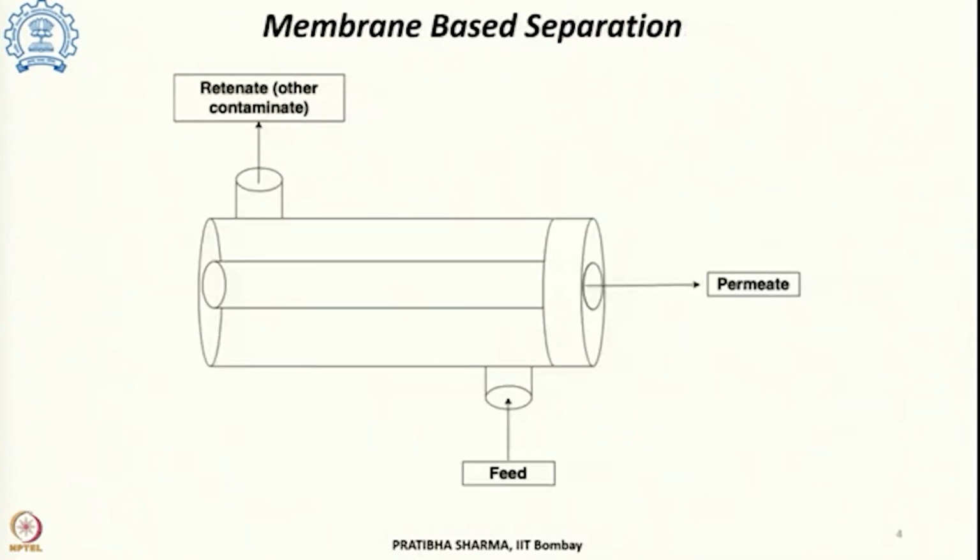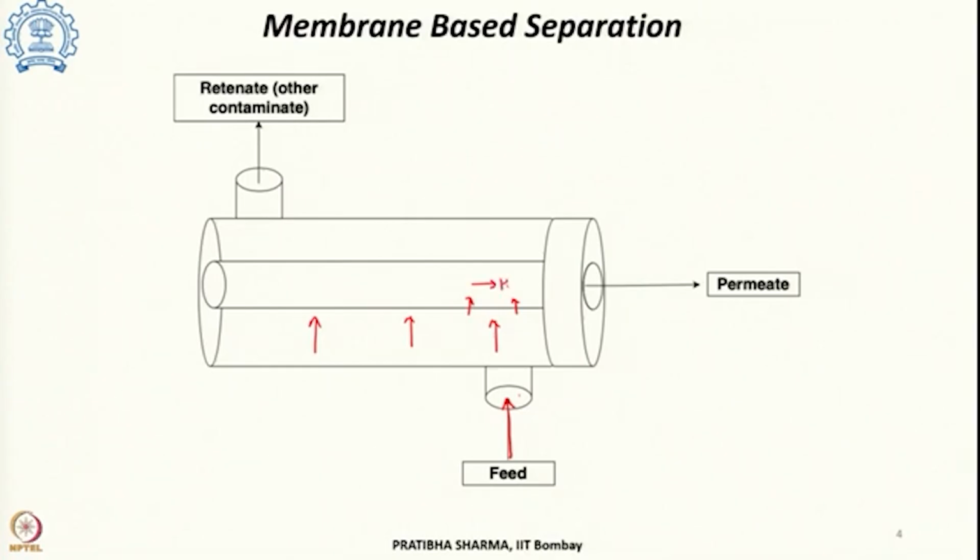Now if we quickly look at the membrane based separation method, we have feed, which is a mixture of gases, hydrogen along with the contaminant, entering into the membrane reactor. Now these feed gases, when passed through the membrane reactor, the component which needs to be separated selectively permeates through this membrane.